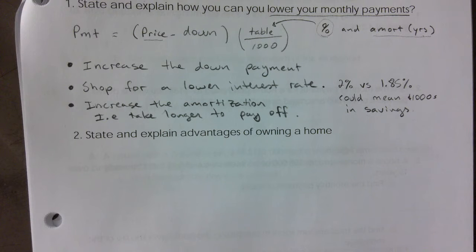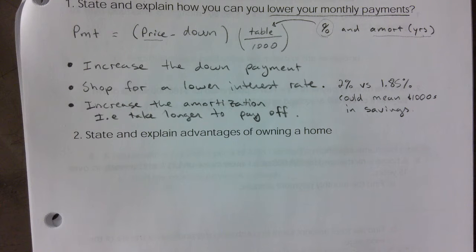You can say, instead of 25 years, I want to pay this off in 30 years. Yes, your payments will go down, but you will pay more interest overall. The total interest you pay for that mortgage will be more. Just be aware of that. But some people would rather take that hit so that on a month-to-month basis, they're going to be able to make those payments.